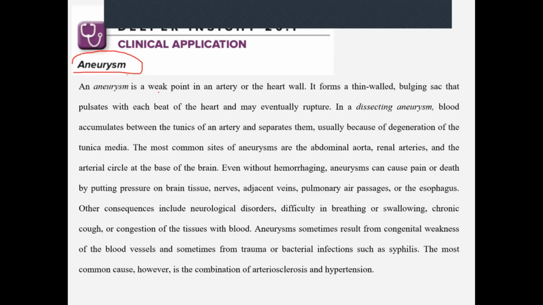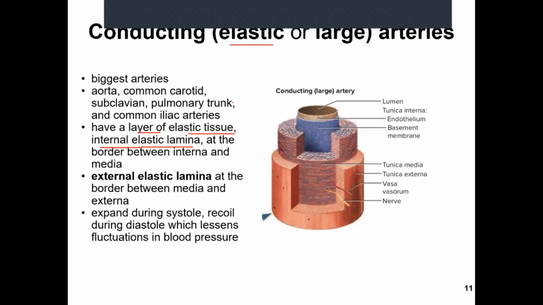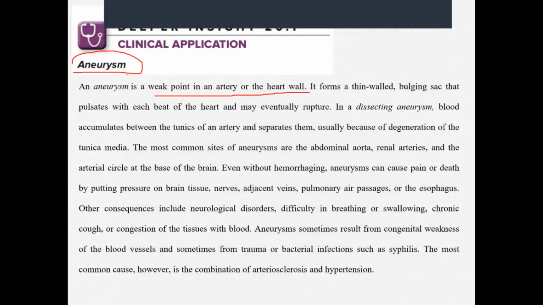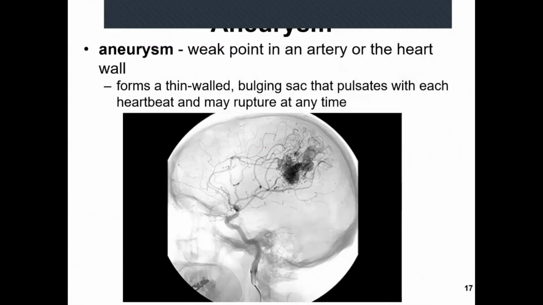Aneurysma is a weak point in the artery or in the heart. For example, when I told you about the conducting elastic large arteries, I told you about the elastic tissue. It's important because it recoils during the diastole and gives us normal blood pressure. And here, if something happened with the wall, we have enlargement of this vessel.